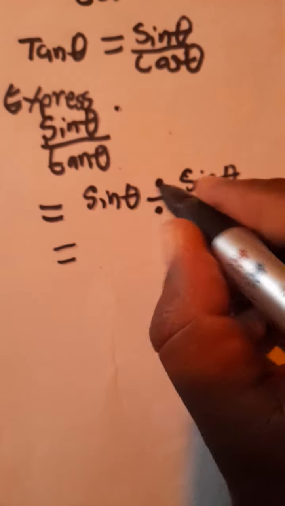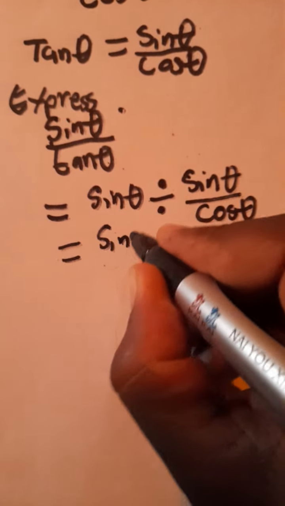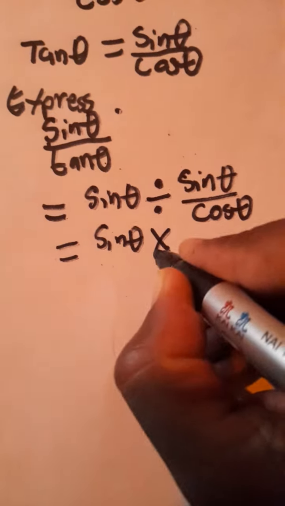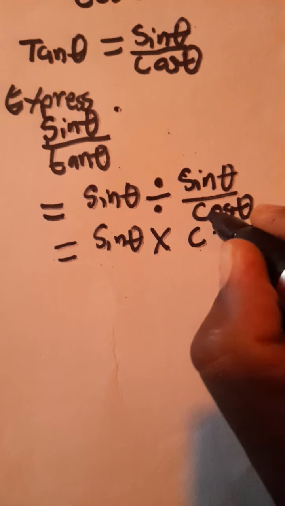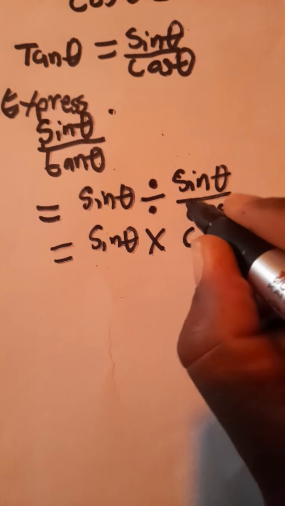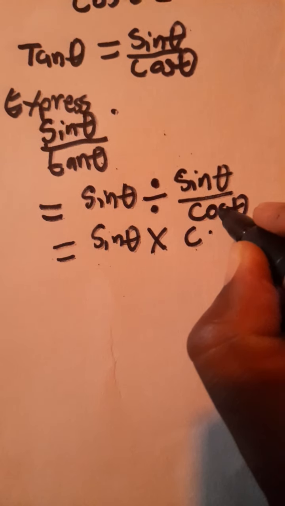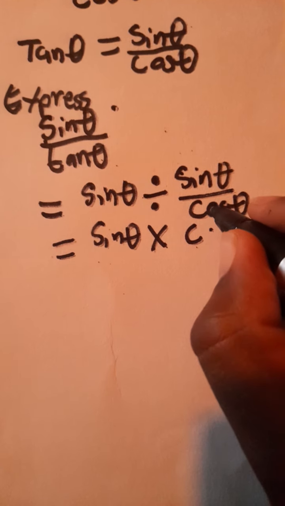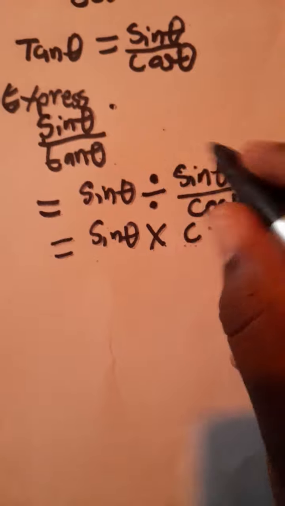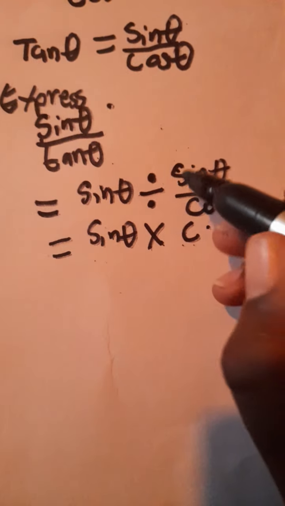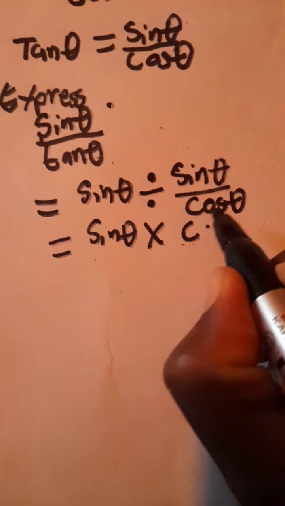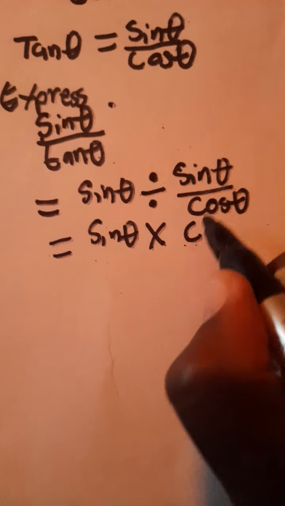Then the inverse of division is multiplication. So where there is a denominator, we'll put the numerator, and vice versa. It's a reciprocal. Remember that cos will become a numerator and sine will become a denominator.